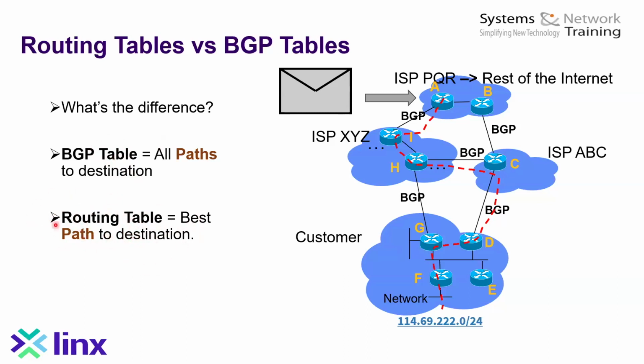And it's this that the router uses to forward the packets. It always forwards the packets down the best path. Now, in the internet, that might change because links break and all that sort of stuff. You might have the best path one minute, but something might have changed. So you can then go to your BGP table and pull out another path and put that into your routing table. And that's now the best path to take. But that is essentially the difference between those in a nutshell.